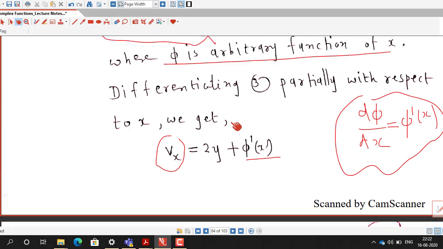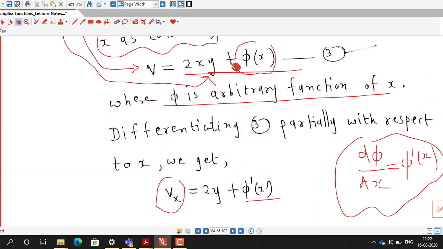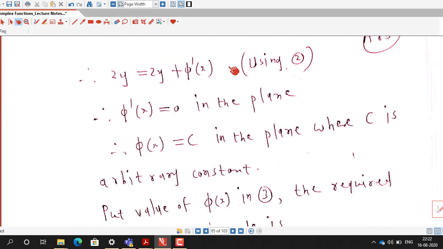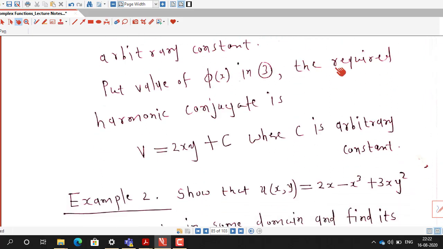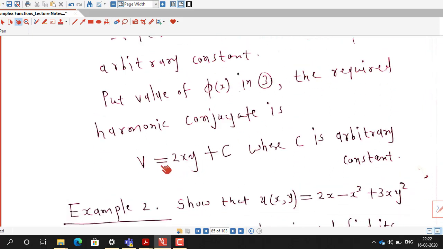And we put value of phi here in equation 3. So finally the harmonic conjugate of given function is v equal to 2xy plus c, where c is arbitrary constant. So you can see harmonic conjugate has infinite number of possible values, but they are arbitrary constants. So harmonic conjugate is unique up to arbitrary constant.